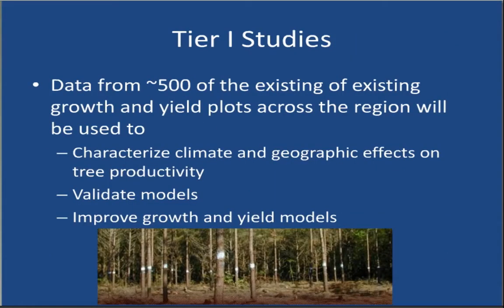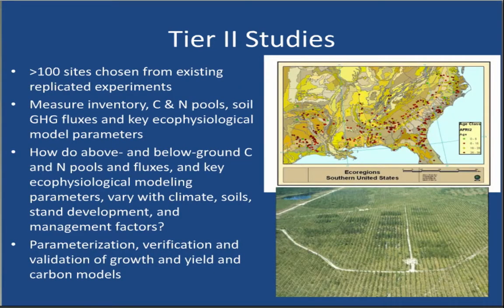There's a large number of these plots, which will help us characterize the variation in climate and geographic effects on productivity, help us validate the models that we have, and hopefully improve the existing models, ranging from the traditional growth and yield models up through process models like 3PG and the WASI and CASA models that we're looking at for water and carbon.